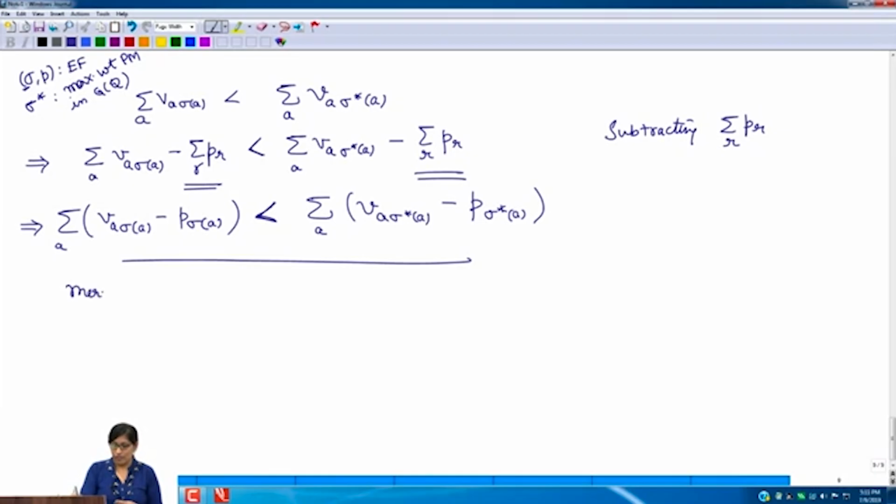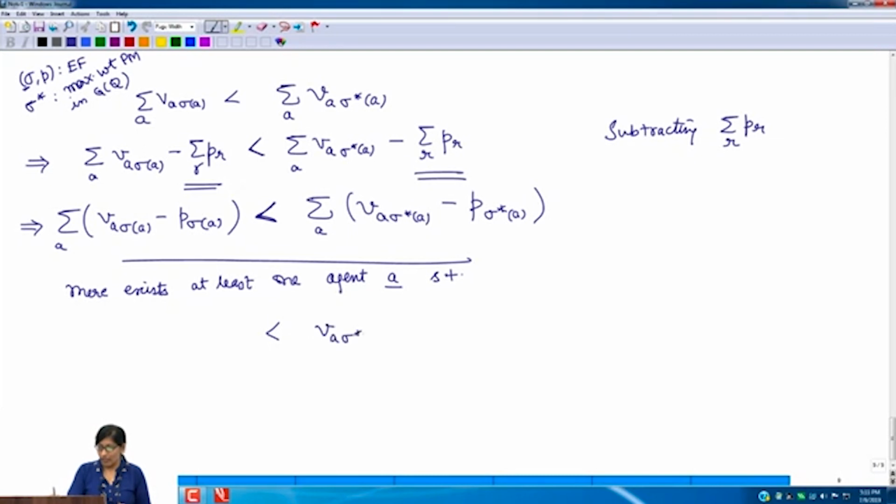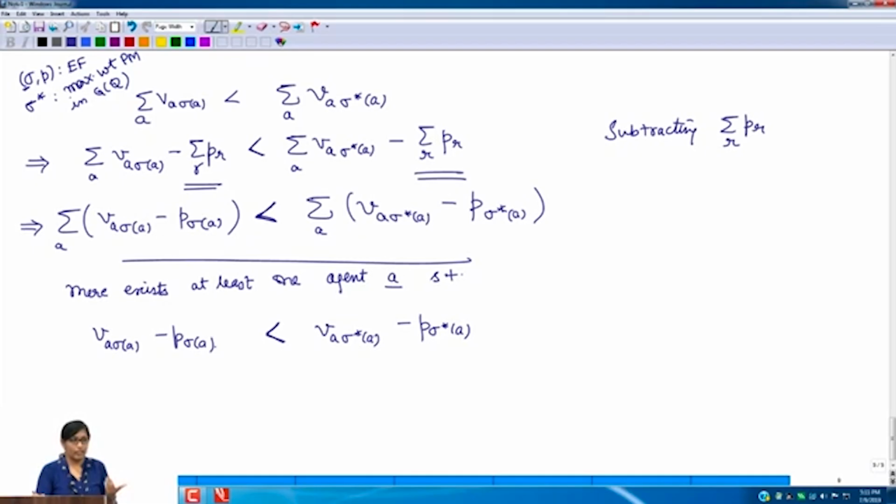Exactly. Since you have strict inequality here, there must exist at least one agent, let's say agent A, such that VA of sigma star A minus P sigma star A is strictly greater than VA of sigma A minus P sigma A. And this contradicts the NV freeness of the sigma P solution, which is a contradiction to the fact that sigma P was an NV free solution to begin with.